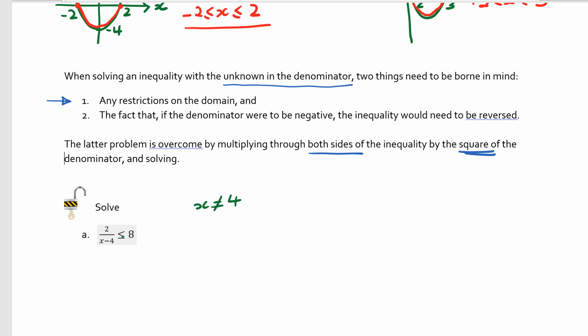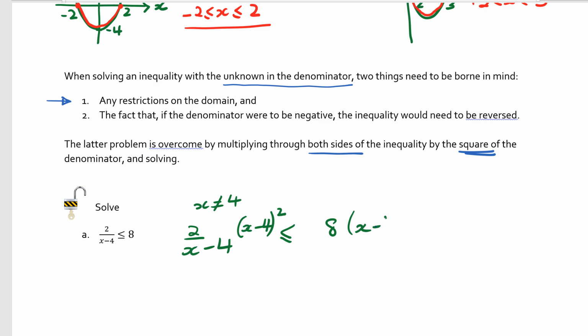One is that we could look at both of those cases and somehow try to combine them. The easiest method though is to say, well, I'll take the 2x minus 4 and the 8 and I will multiply both sides by the same thing, something that doesn't change it. And the thing that I'm going to multiply it by is x minus 4 all squared.